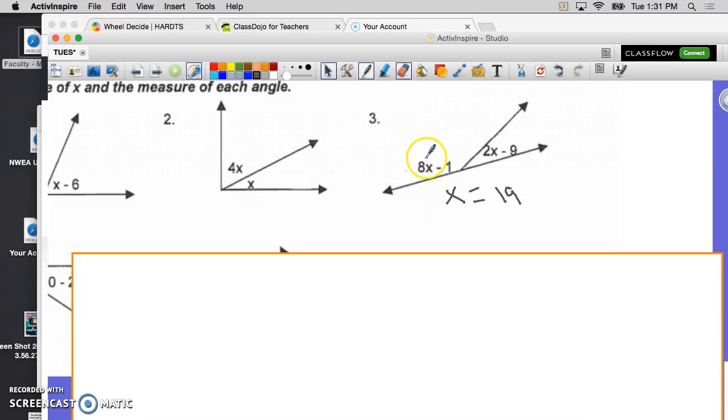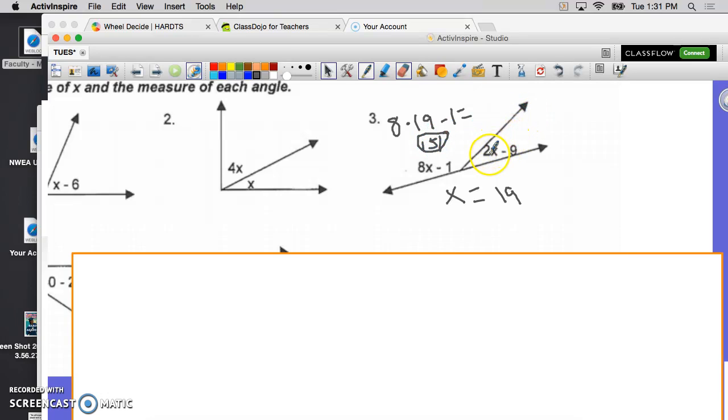Now that you know that x equals 19, you can substitute into your equation. 8 times x, which is 8 times what? 19. Don't forget the -1. So really what I have is 19 times 8, which is 152, minus 1. Your correct answer here is 151 for this side of the angle.